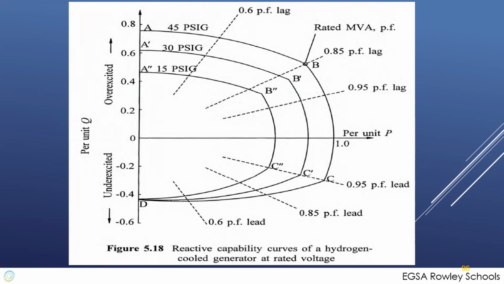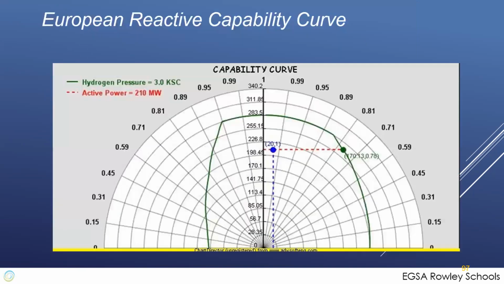Our European friends take it and spin that curve the other way to where you now have your power up and down, actual power, kW this way and kVAR on the horizontal axis. They spin it and flip the curve over. So if you're looking at a European manufactured unit, this will be the reactive capability curve. This is a rated operating region for this machine. They just do it different over there.